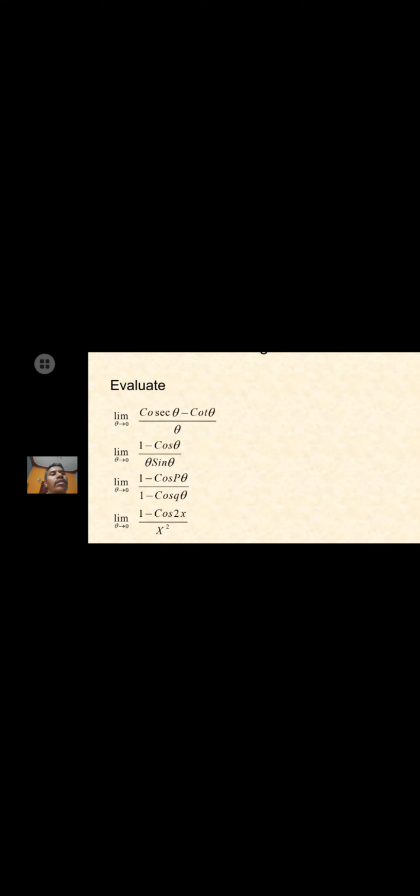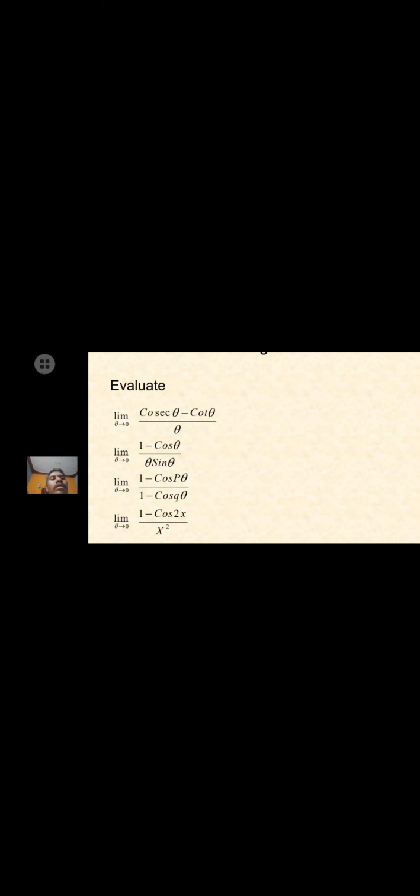So the assignment is given, that is evaluate limit theta tends to 0 of cosec theta minus cot theta by theta. Next, limit theta tends to 0 of 1 minus cos theta by theta into sin theta, and limit theta tends to 0 of 1 minus cos p theta by 1 minus cos q theta.